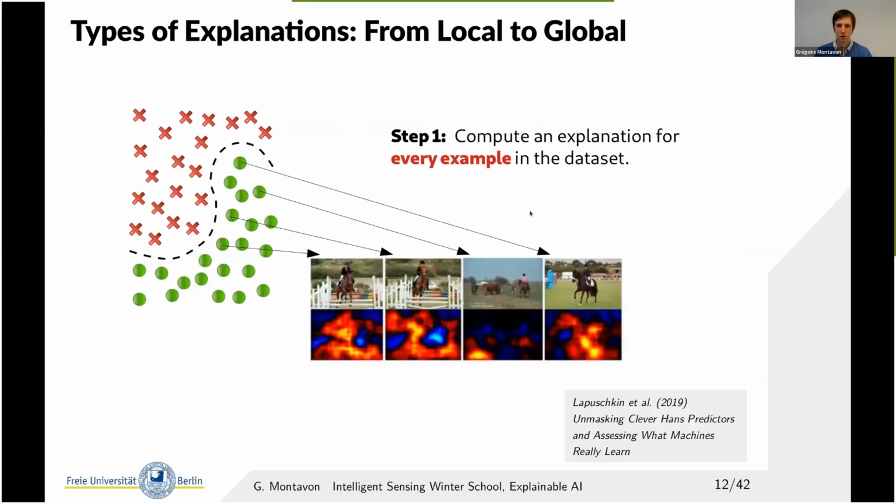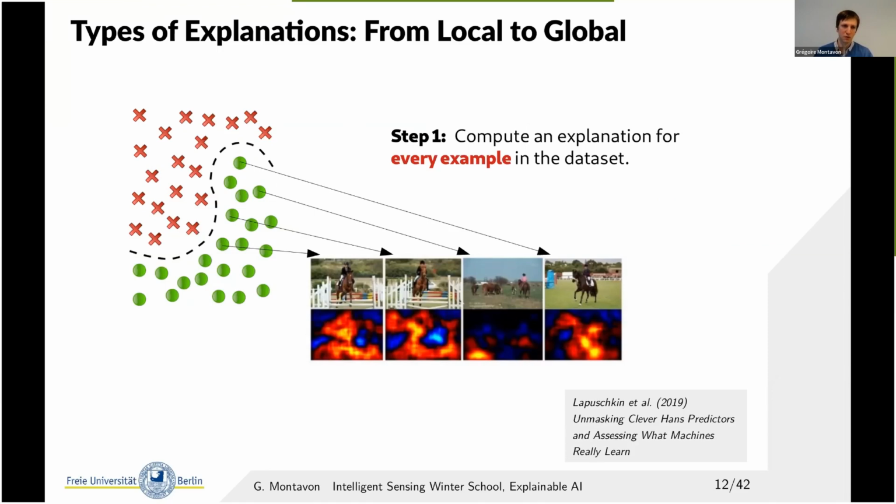But sometimes there are also some connections. For example, while there used to be some strong distinction between local and global explanation, we've contributed a method, which we called SpRAy, which allows us to recover some global explanation from multiple local explanations.